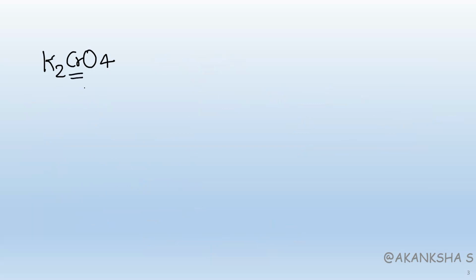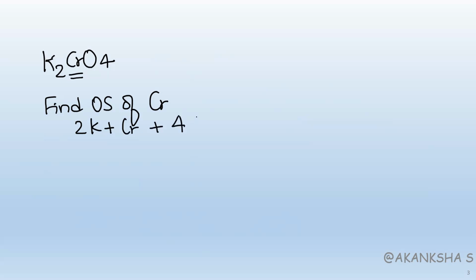To find the oxidation state of chromium in this compound, you will have 2 potassiums plus 1 chromium plus 4 oxygens, leading up to 0. Chromium, here we need, plus 1 and 4 times minus 2.